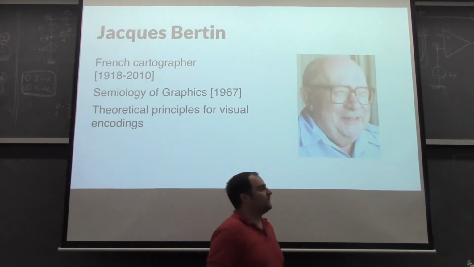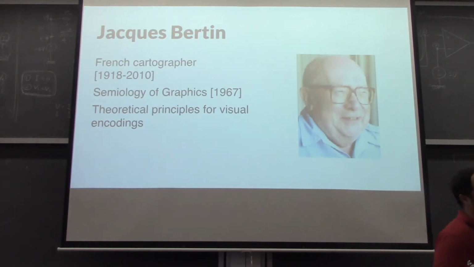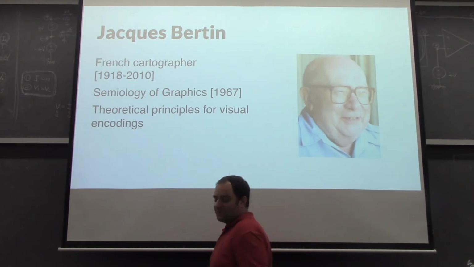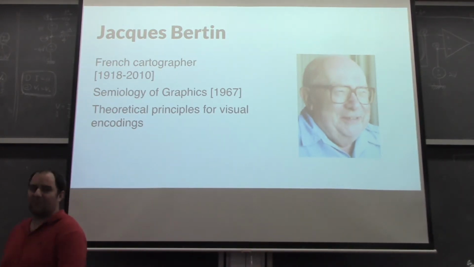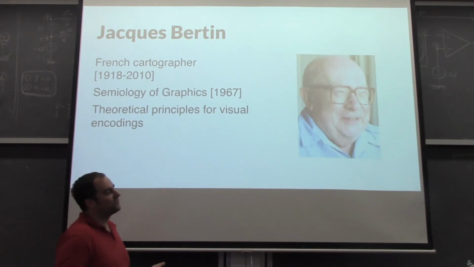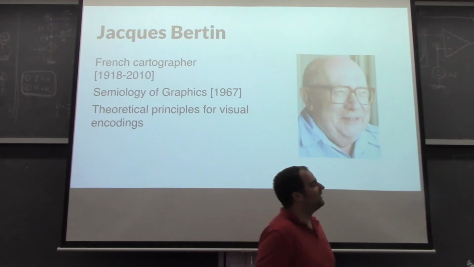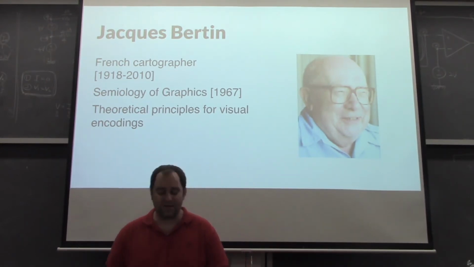The systematic approach to this goes back to Jacques Bertin, who was a French cartographer who passed away in 2010. He wrote this very influential book, Semiology of Graphics, that for the first time came to a structured approach to these visual variables, to these channels and marks. And so he developed these theoretical principles and also provided a ranking of them.